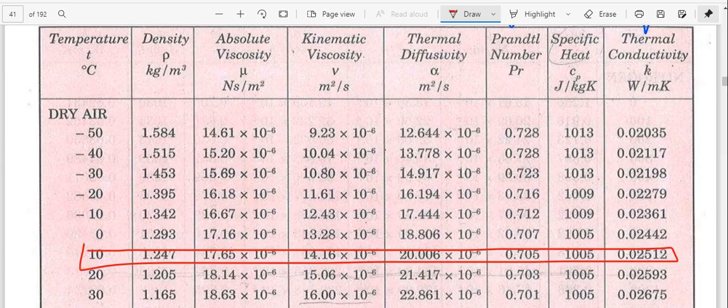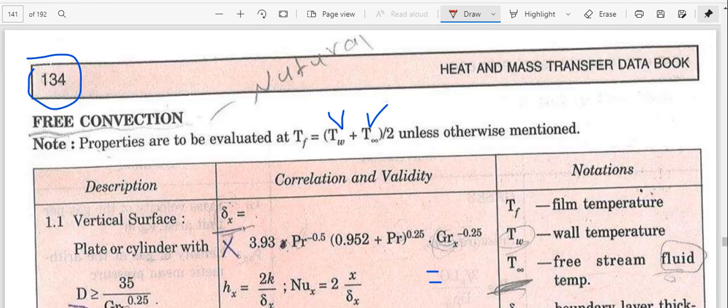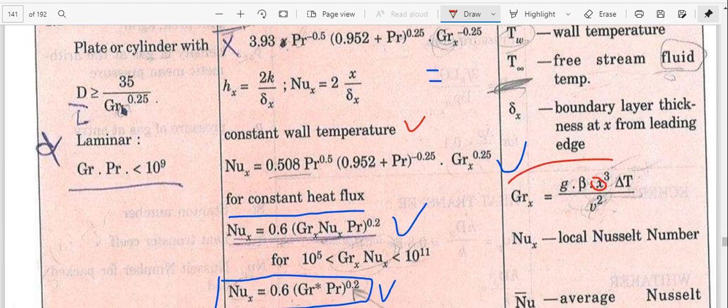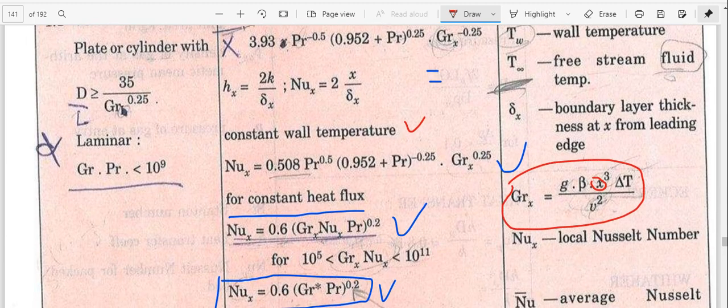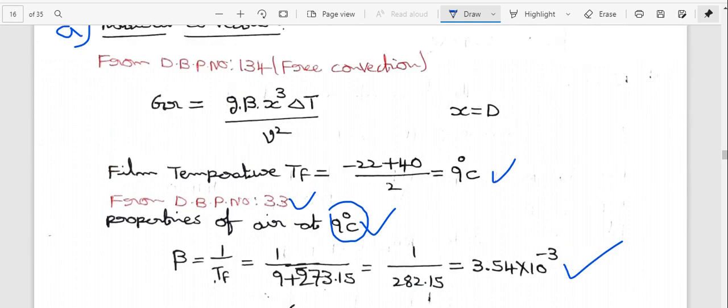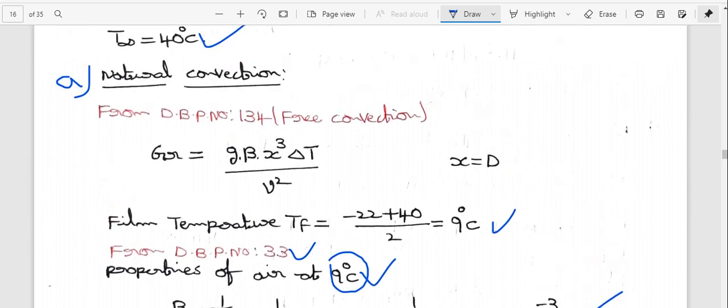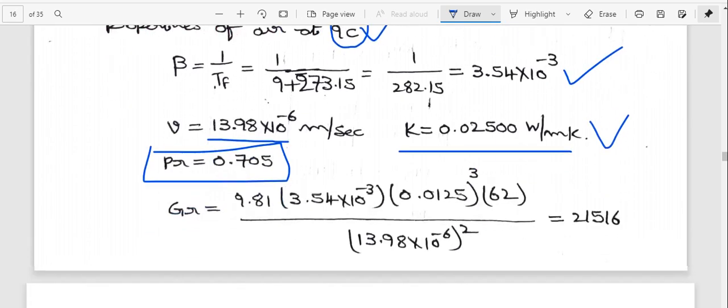After that we need to calculate the Grashof number. The first step is the mean temperature value, and the second step is the Grashof number. What is the Grashof number formula? Gr equals g beta x cubed delta T by nu squared.